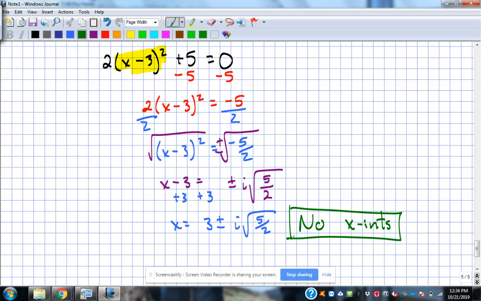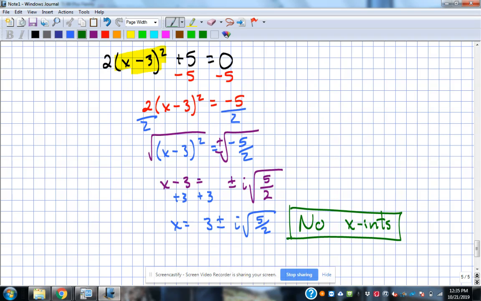We can find the solutions to the problem, but on the graph, this thing will not cross the x-axis because the answers were complex. That can happen if you're in vertex form, or in standard form; you could discover that through the quadratic formula.